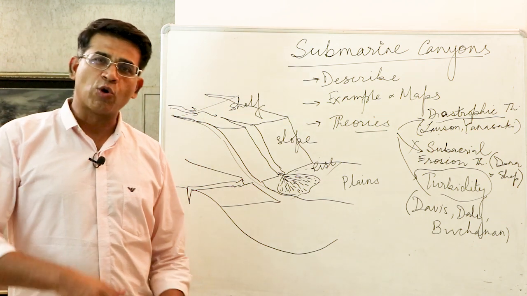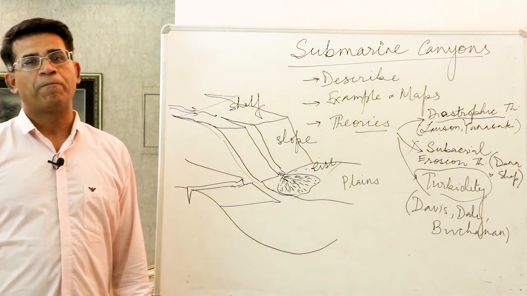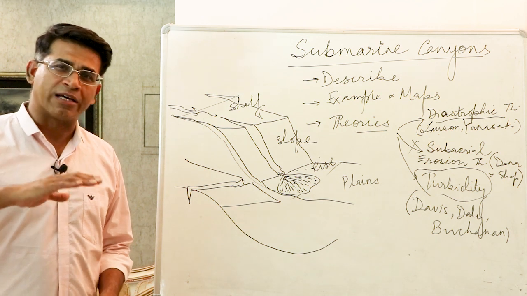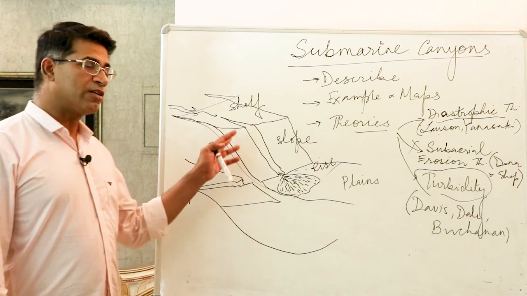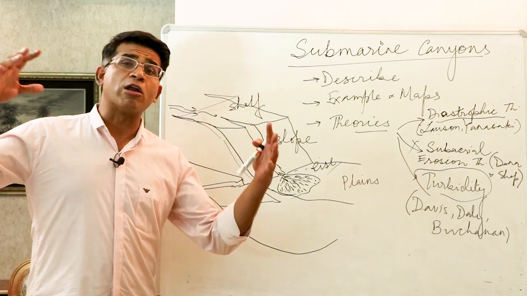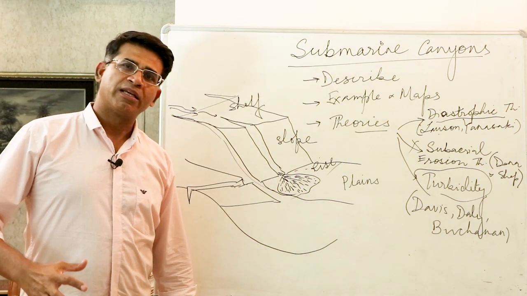And these sediments don't flow. They are not examples of solifluction. They are not like soil creep, which is slow, gradual, gentle, and continuous. This sediment flow is not like that. These are enormous ones that fall through sudden jerks.